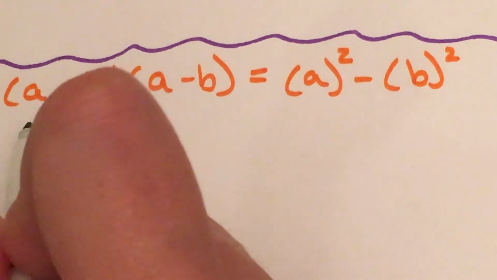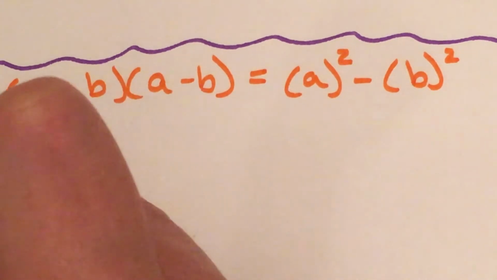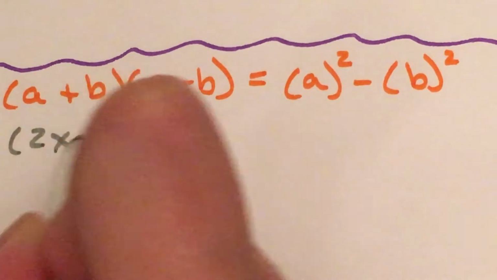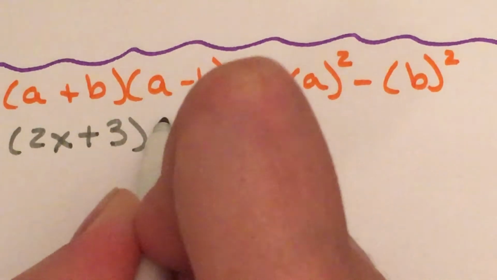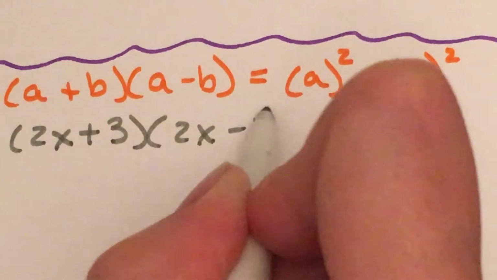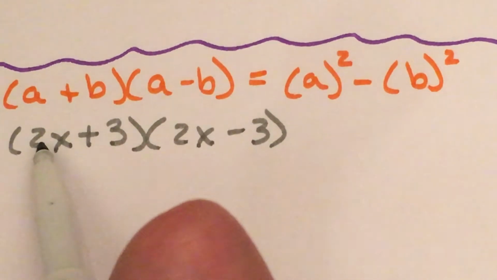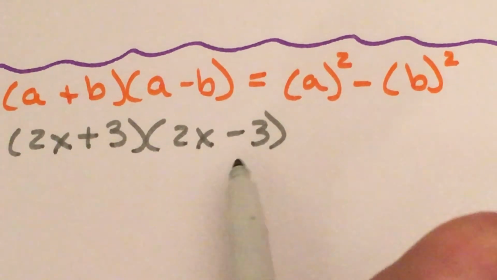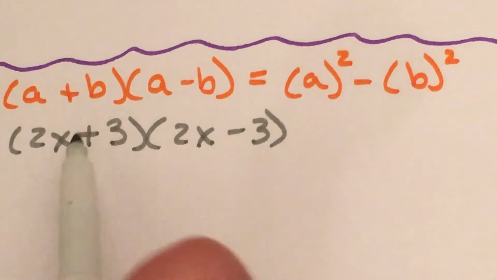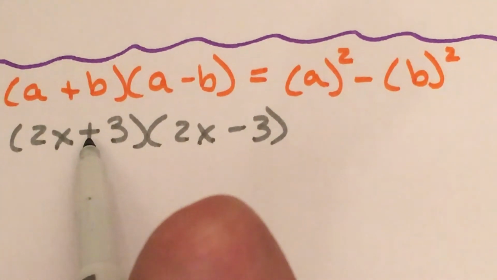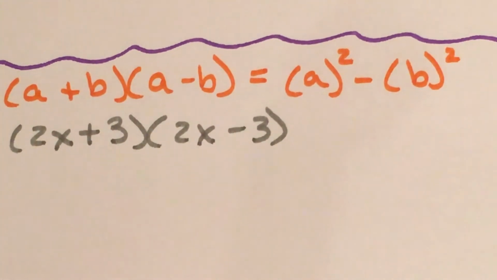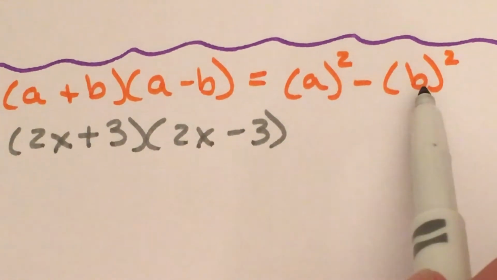So let's do that with this particular example. 2x plus 3 times 2x minus 3. So I have the same front and last term in each binomial. I have a positive in the middle of one and a negative in the middle of the other. So I can use this rule.